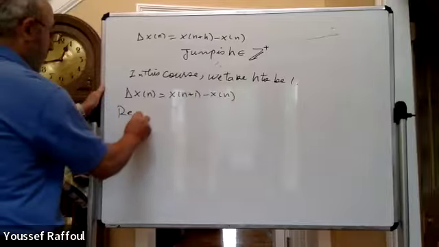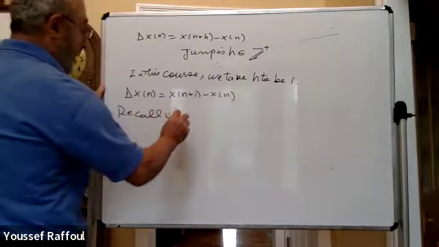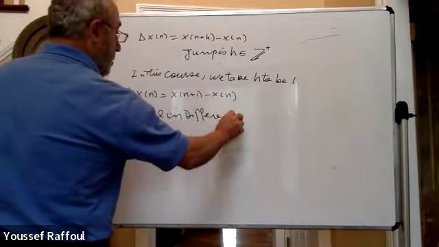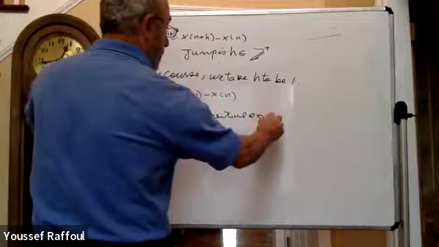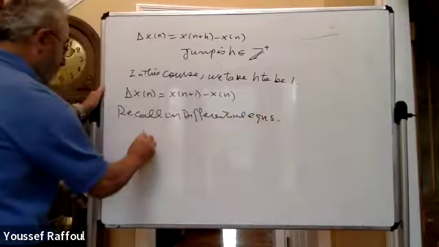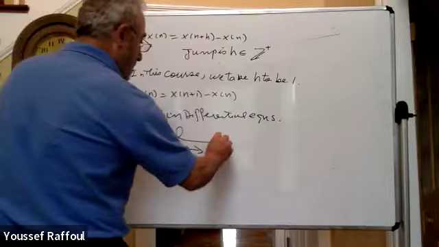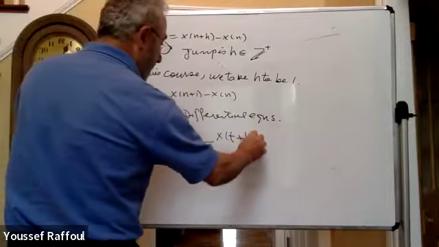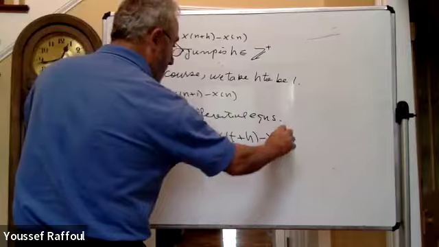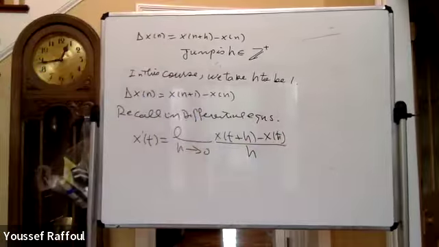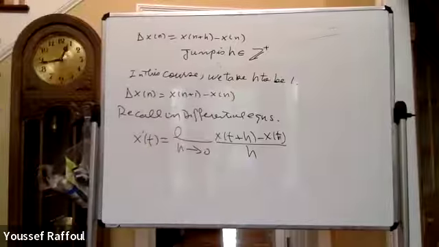Recall in differential equations or in calculus, x prime of t is the limit as h approaches 0 of x of t plus h minus x of t over h. That is the derivative, right?